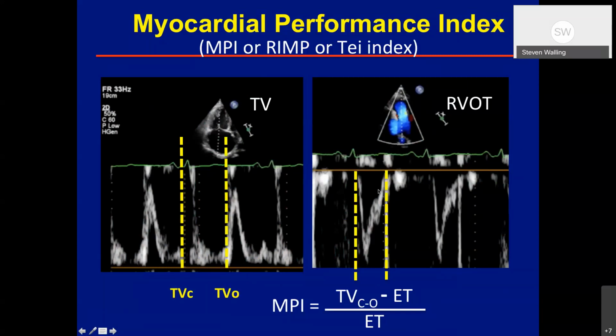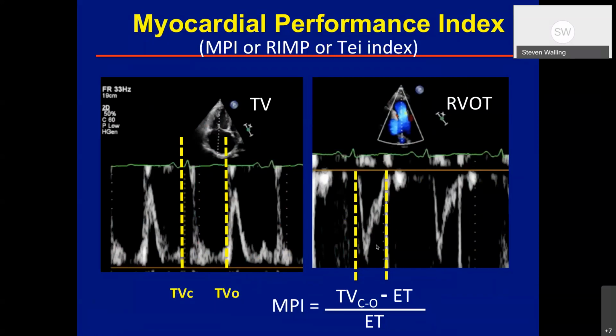And following that, before the tricuspid valve opening, there's an isovolumic relaxation time. So basically it is from TVC to TVO the entire time, minus the middle chunk of the ejection time. The result is basically isovolumic contraction and relaxation time.